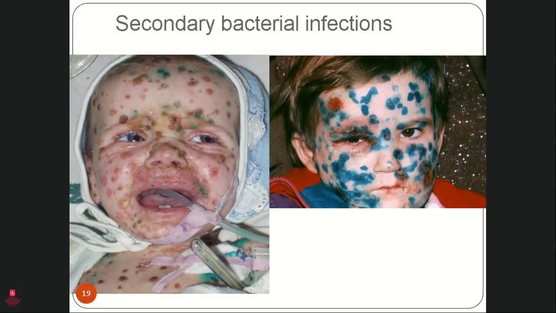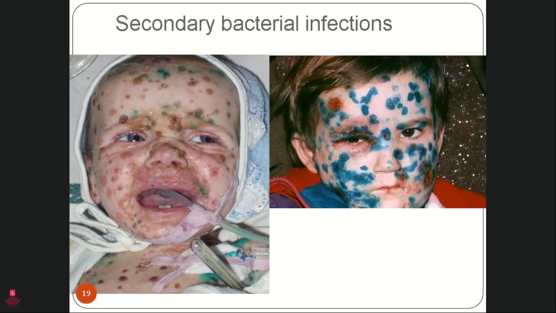Varicella may predispose the patient to secondary bacterial infections. Rapidly spreading cellulitis, septicemia, and other serious infections may occur. The most common infectious organisms are group A streptococci and Staphylococcus aureus.